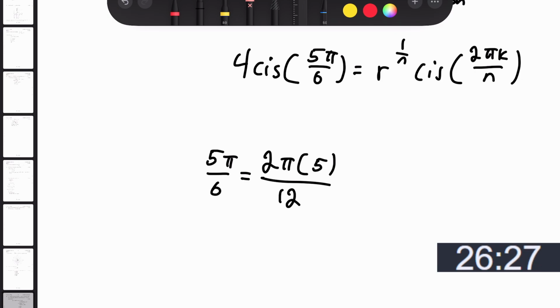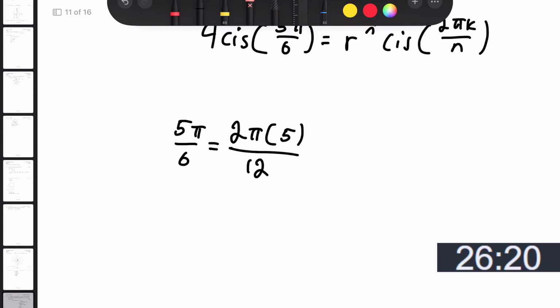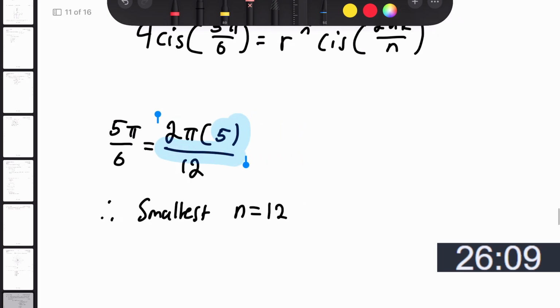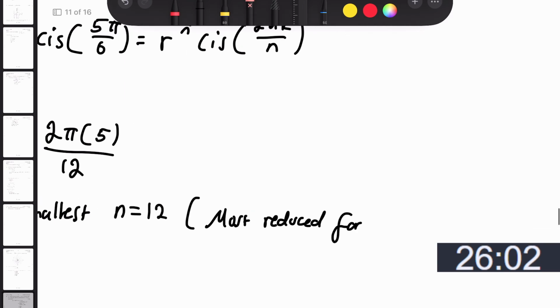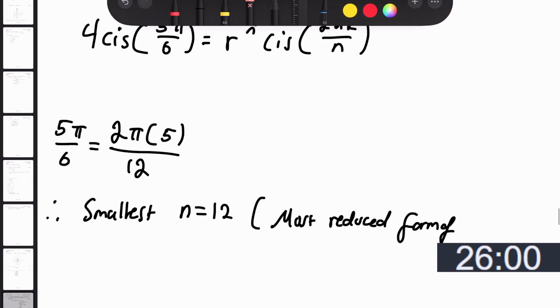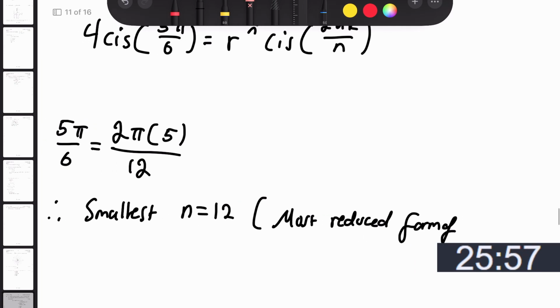K equals 5, and n is going to equal 12. Therefore, smallest n is equal to 12.